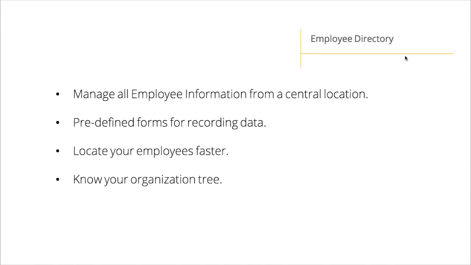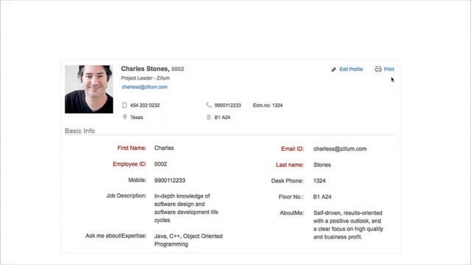The organization tree enables you or your employee to understand the hierarchy that exists in your organization. Now, this is typically how the employee profile will look in Zoho People. You or your employee can just click on Edit Profile to update or make changes to the employee details.